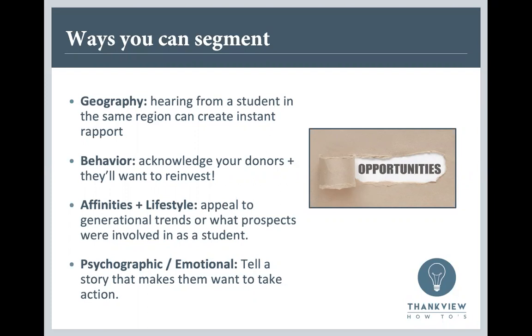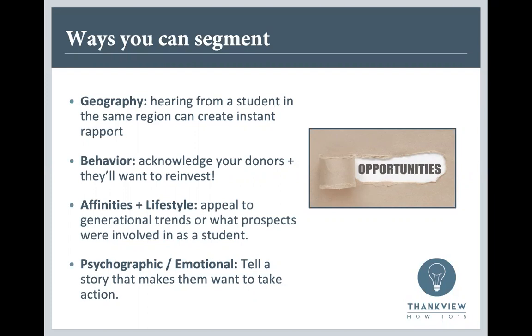Affinities and lifestyle are really important to play into as well. You can appeal to generational trends. For example, Gen X is very into sustainability, as are millennials and Gen Z. But millennials and Gen Z are going to be much more open to giving via crowdfunding campaigns because of the visibility that they create and the community that they build.